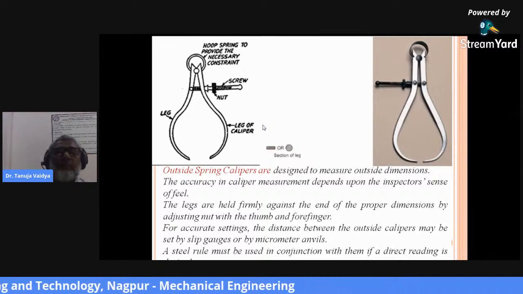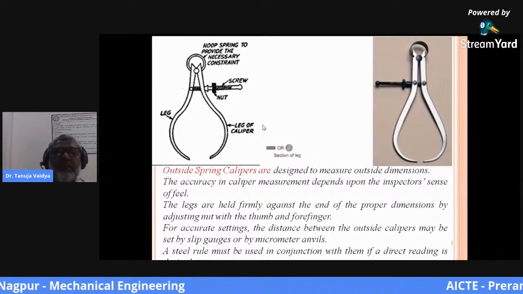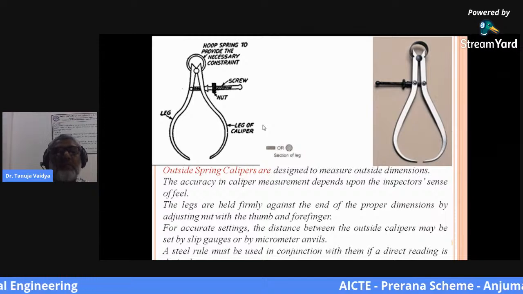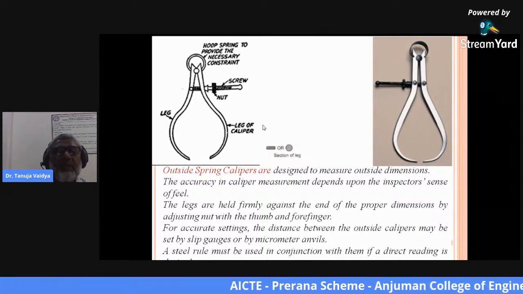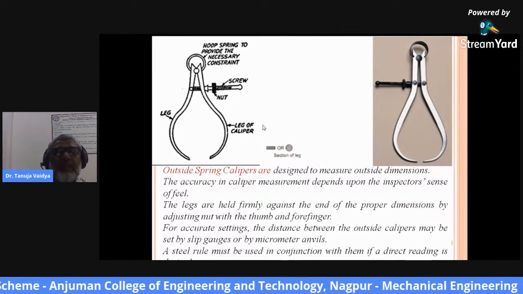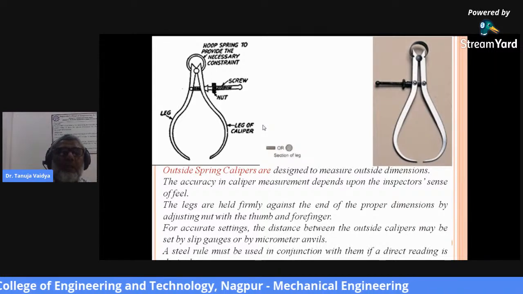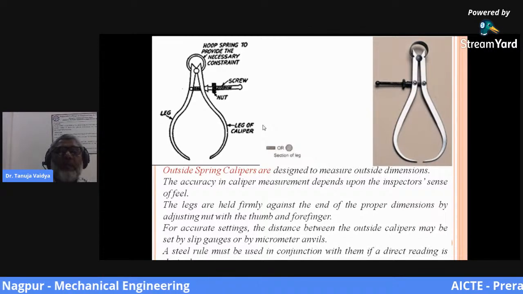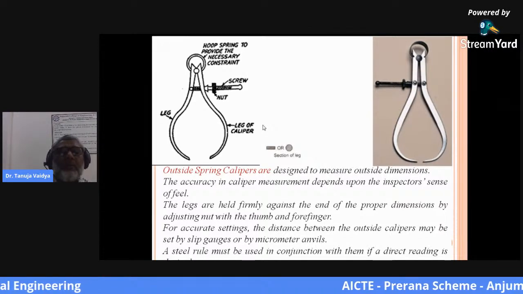One point must be remembered: the accuracy in measuring with a caliper totally depends upon the inspector's sense of feel. If he is experienced and has used the calipers methodically, then he will be able to generate very accurate results with the help of calipers.